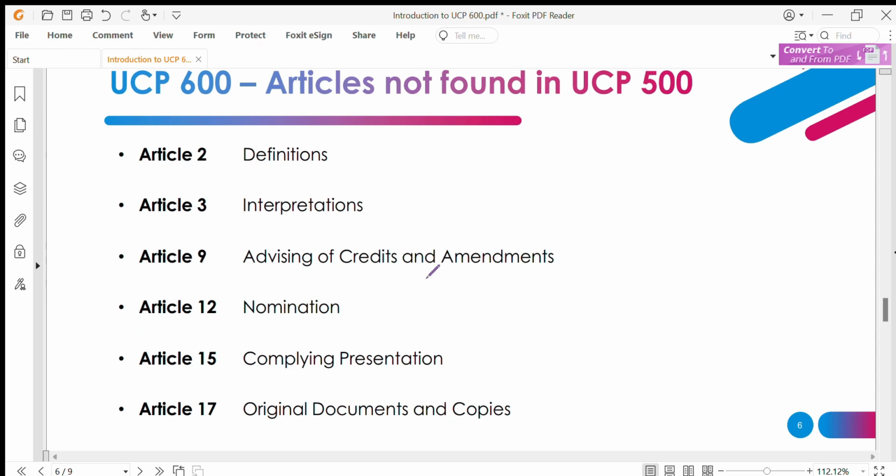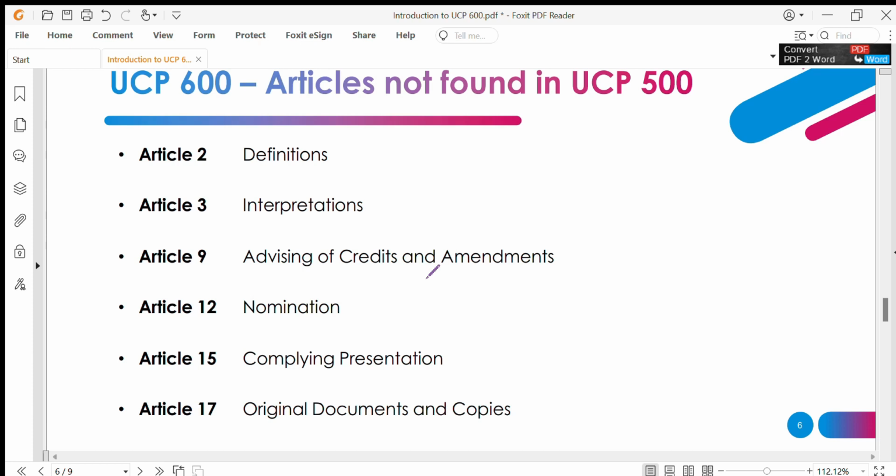Certain articles which were not included in UCP 500 were added in UCP 600. They didn't have an earlier article dedicated to definitions and interpretation. So in UCP 600, Articles 2 and 3 clearly set out the definitions and various interpretations they have when it comes to LC. Article 9 stipulates how you need to act when advising credits and amendments.